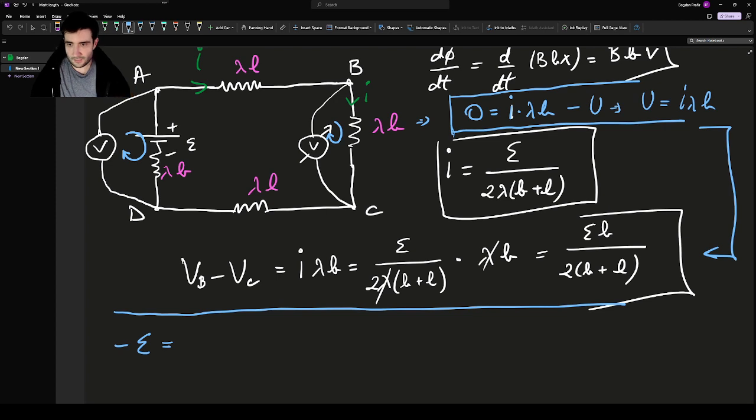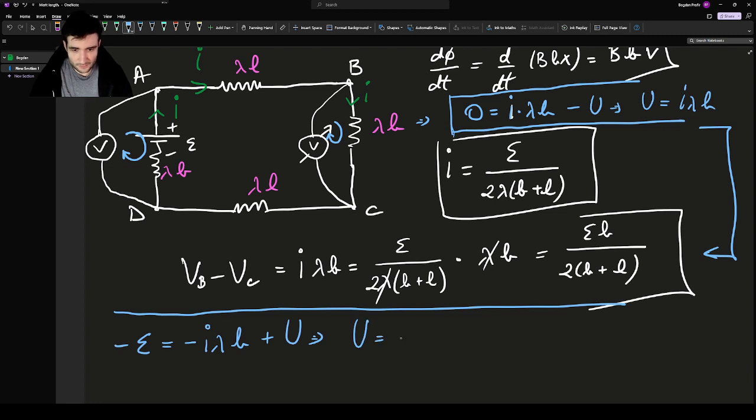And then, remember there's a current here, like this. So we would have minus I times lambda B, and then plus the reading of the voltmeter, which is U. And that's the potential difference we're looking for.